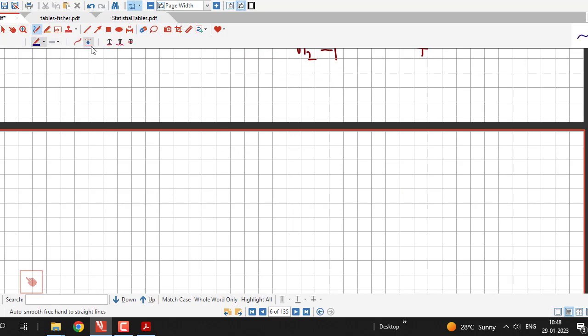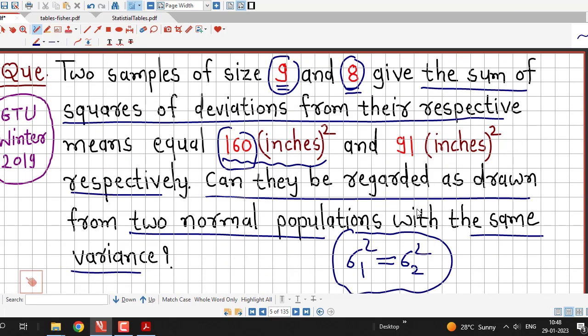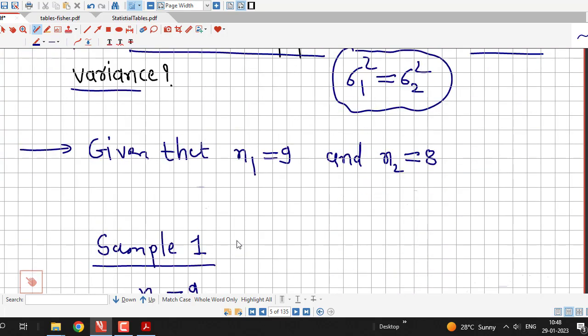Now we start with our formal procedure for hypothesis testing. First we state the null and alternative hypotheses. We are asked to check whether the samples can be regarded as drawn from two normal populations with the same variance.